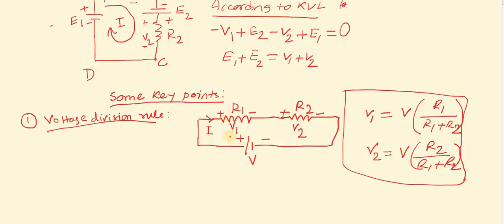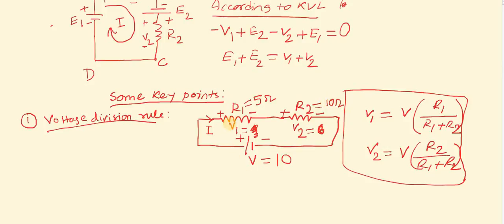Say this is 10 volt, and this V1 say 4 volt, and V2 is 6 volt. Sorry, we need to find the voltage V1 here. Say this resistance R1 is 5 ohm, and R2 is 10 ohm.